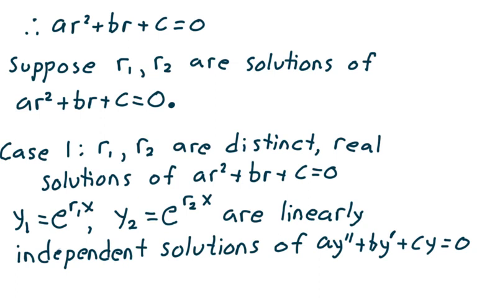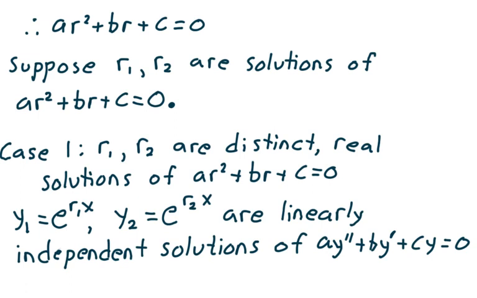Now, suppose r1 and r2 are solutions of ar squared + br + c = 0. We have three cases for r1 and r2, but in this video, we're only going to consider two of them. I could make a separate video for the third case.